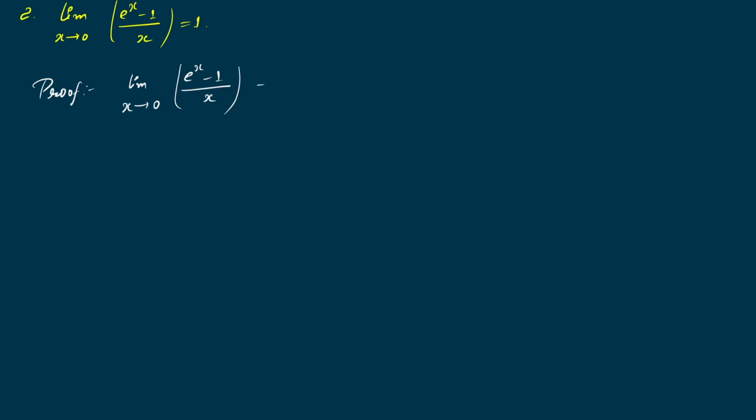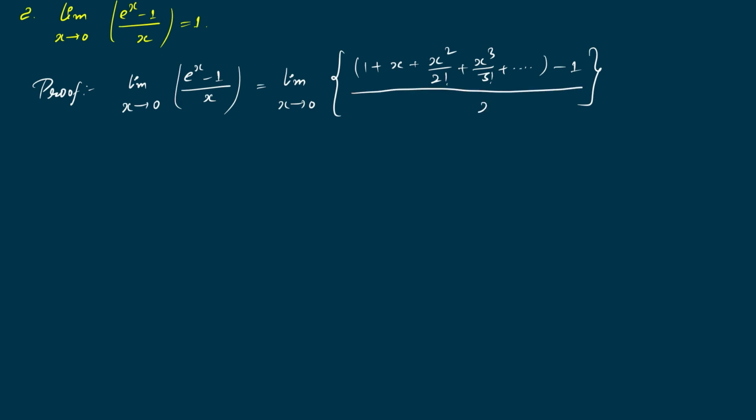Now this implies limit x tends to 0. Here what we have to do is that this portion, e to the power x, has an expansion. Its expansion is 1 plus x plus x square by 2 factorial plus x cubed by 3 factorial plus up to infinity, minus 1 whole divided by x, limit x tends to 0.